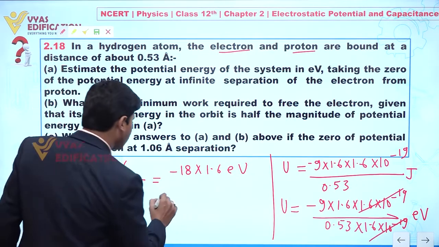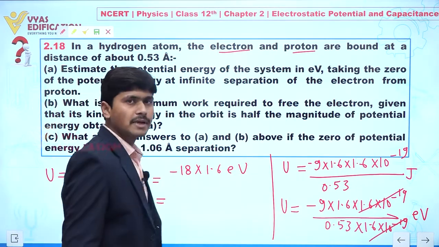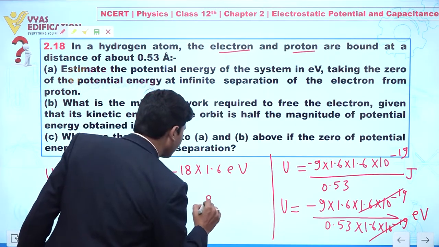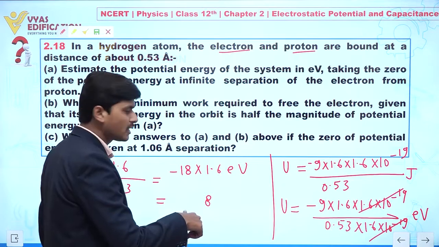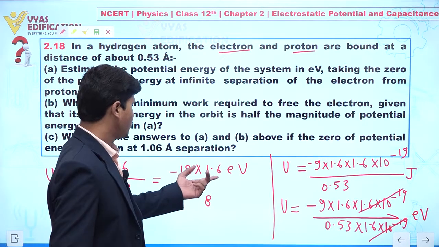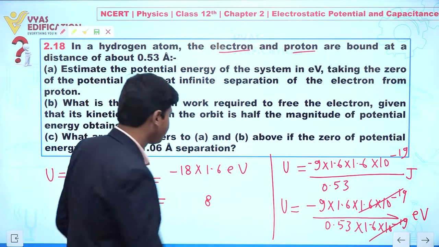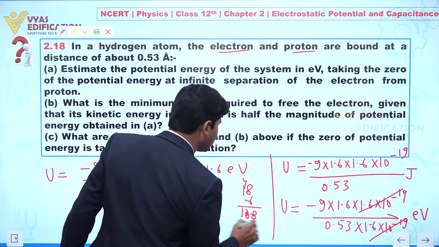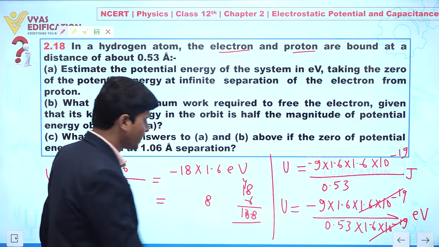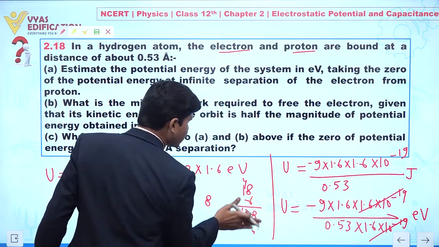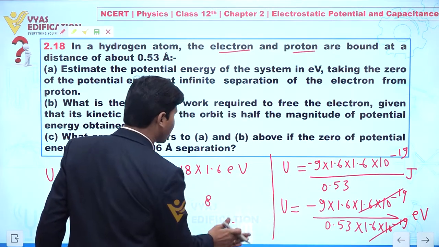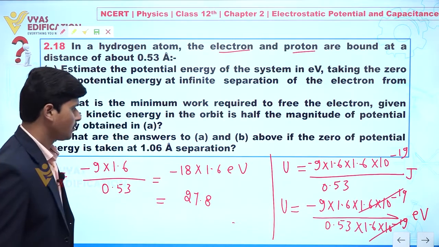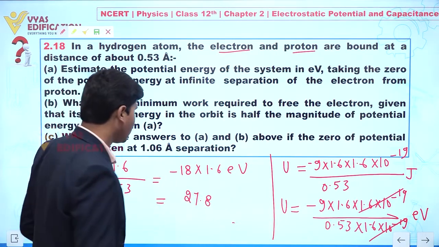If we multiply 18 by 16, we get 288, so this is about 28.8 electron volt.